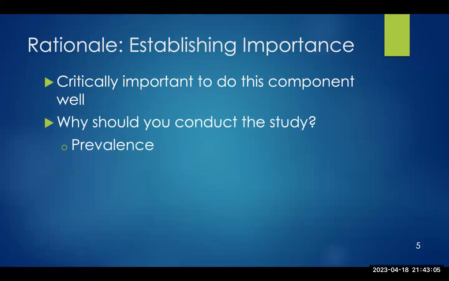Is this phenomenon happening to a significant number of people? Relevance. Is what is happening important? Is it impacting people's lives? And finally, precedence. Is this the first time any kind of study is happening? Or what is the original aspect of the study that you're proposing? That's the precedence we're talking about.